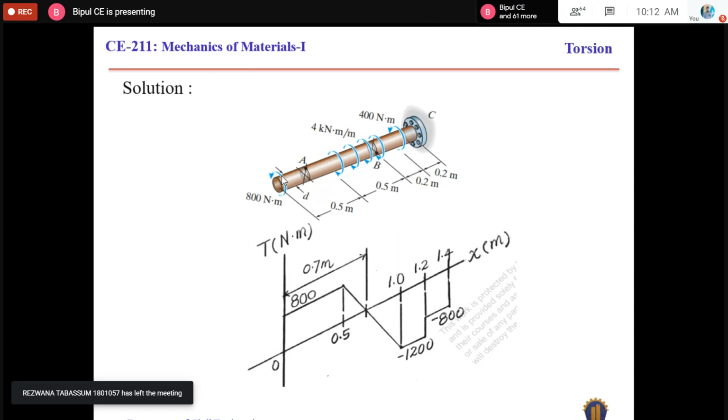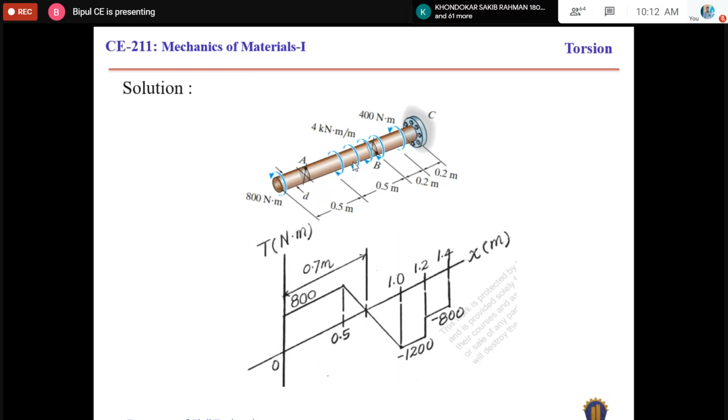That means anywhere between these two points, the developed torsion will be similar to 800. So if this point is 0, then this point will be at 0.5 meter length. So up to this length, the developed torsion will be constant 800.